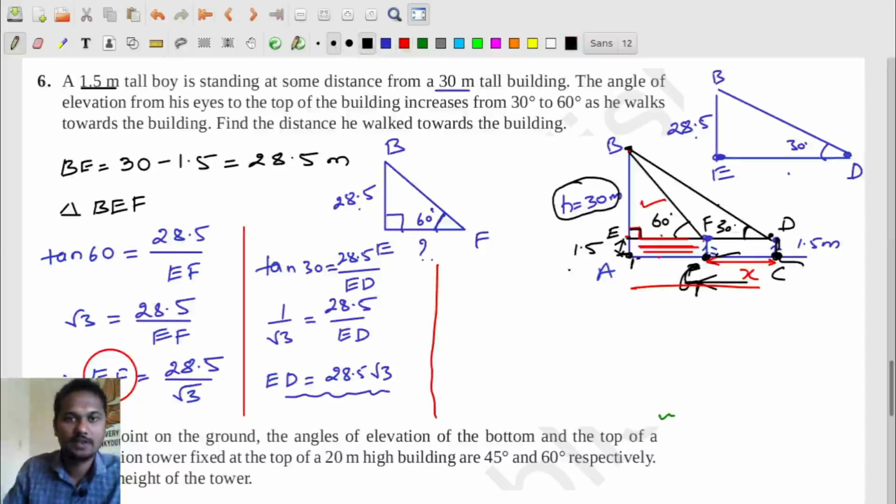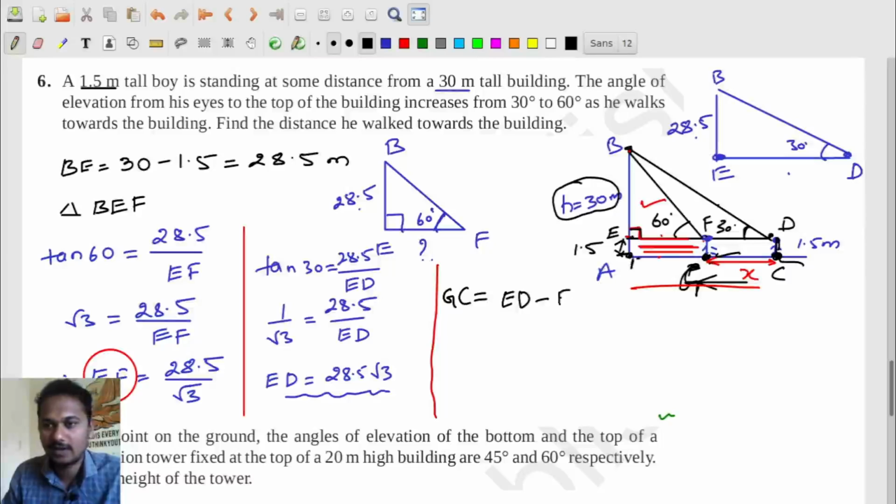Next, what we need? We got EF and then ED. We need GC, and we know that GC and FD are the same, or GC can be written as the whole length ED minus EF. Now get the difference.